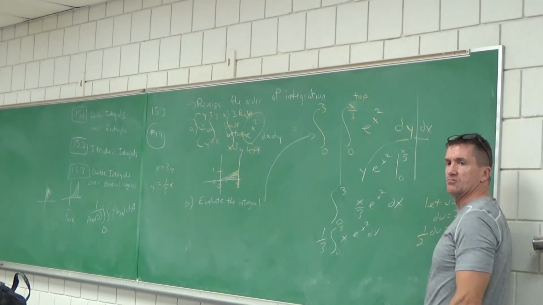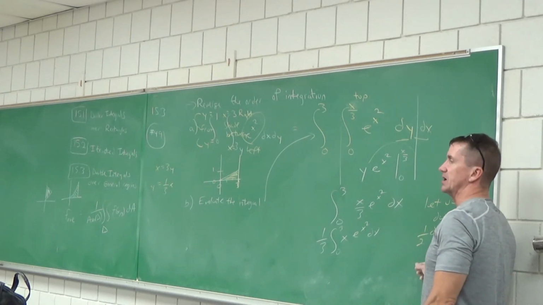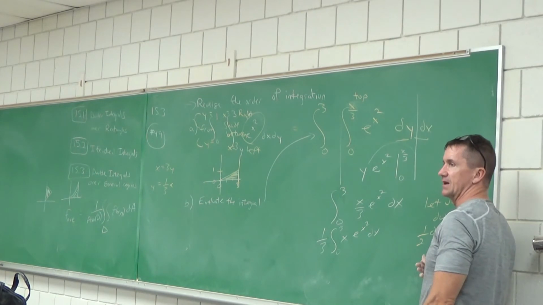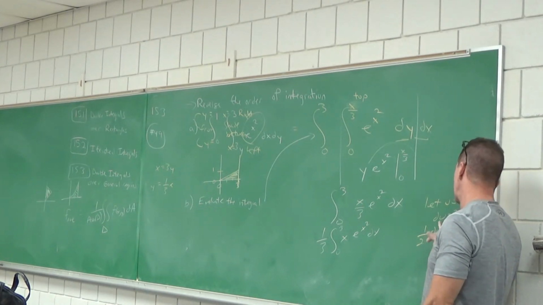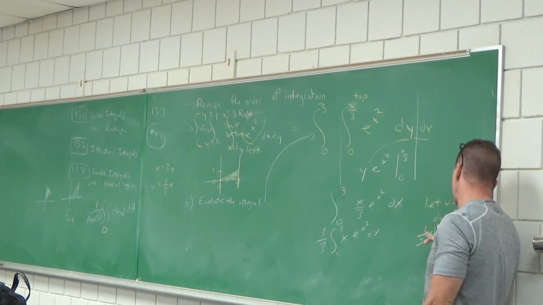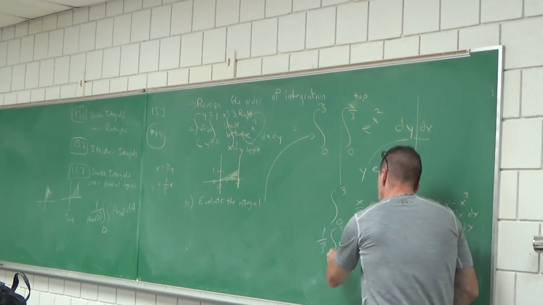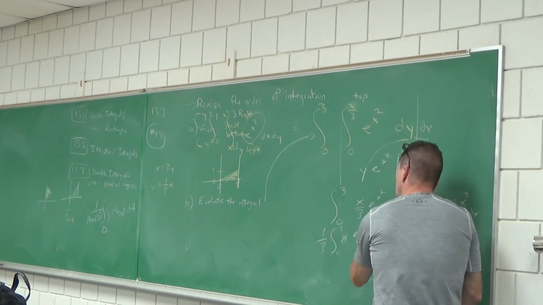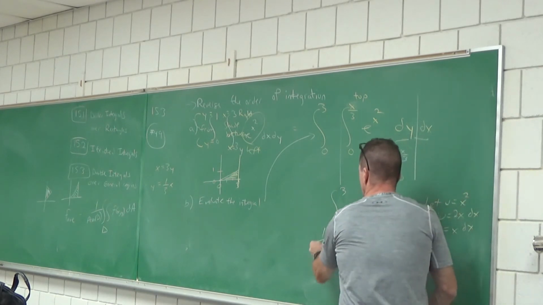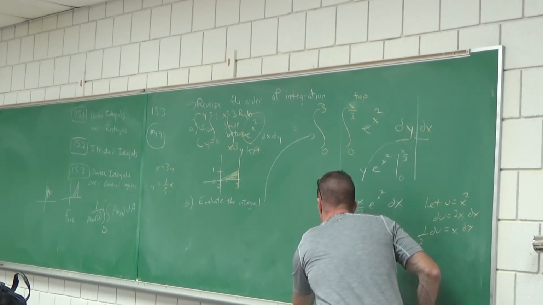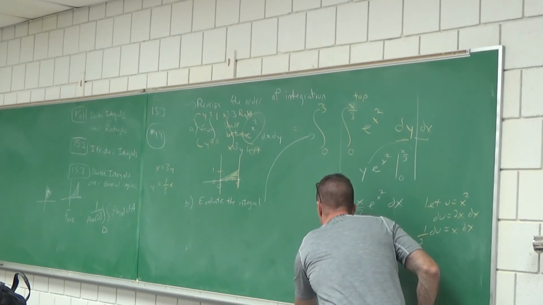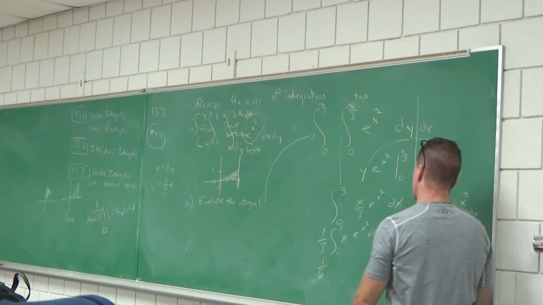I do want to point out, if you're rusty on u-subs, you get a lot of practice in this chapter. We get a lot of u-subs popping up here and there. So what am I substituting? The half du replaces the x dx. And I get 1/3 times a half, which is what? 1/3 times a half is 1/6.